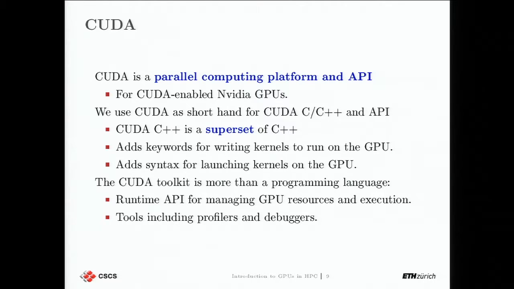It also has a bunch of tools, including profilers, so you can run your application in the profiler to understand where its performance bottlenecks are, and debuggers, and also a memory debugger. And we're going to look at some of these throughout the course.